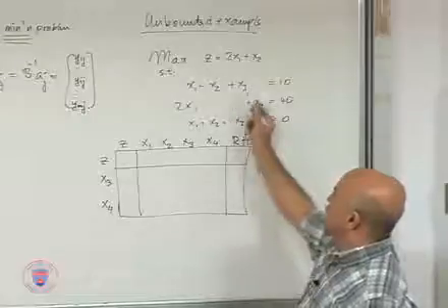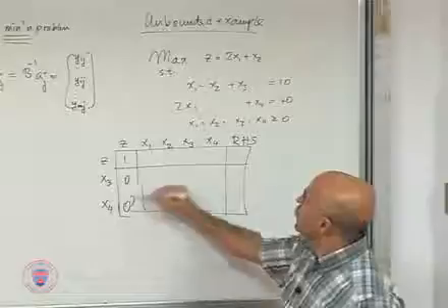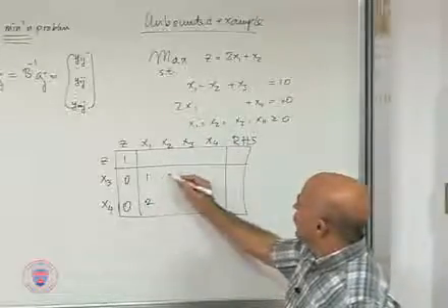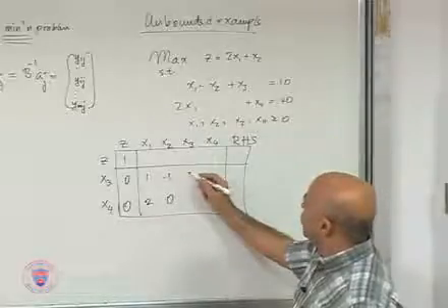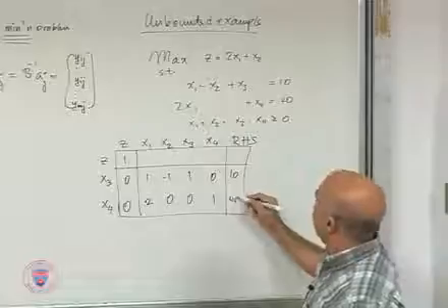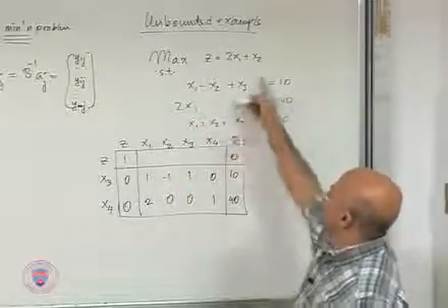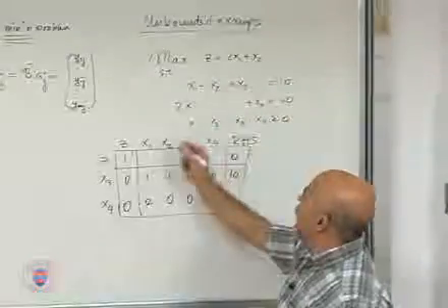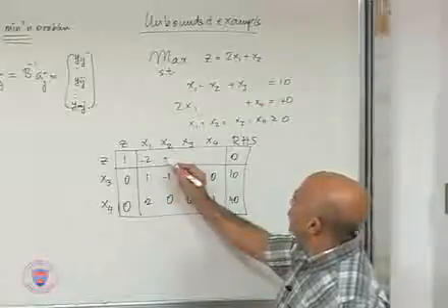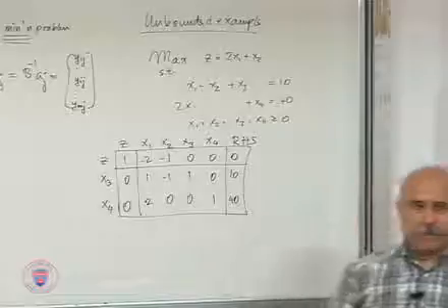The identity matrix is my initial basis. So we have simply the original problem coefficients in the tableau. And the row 0 equation is, well, it's simply the negative of what you have in the objective function. That's it.